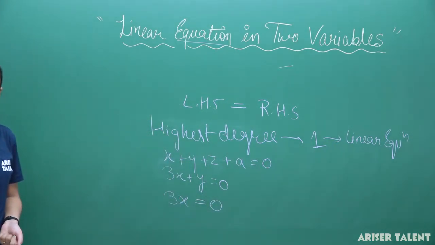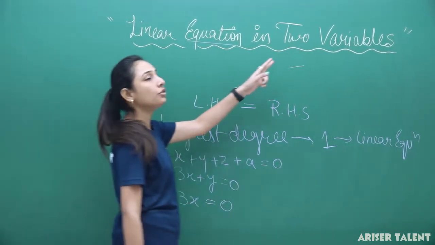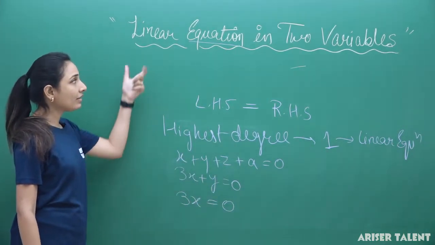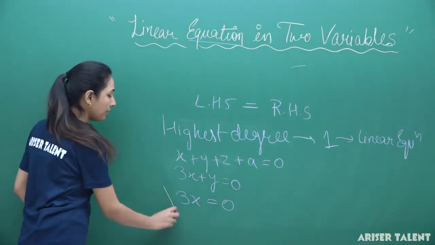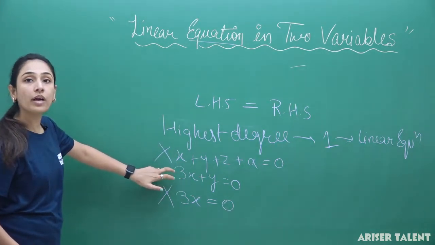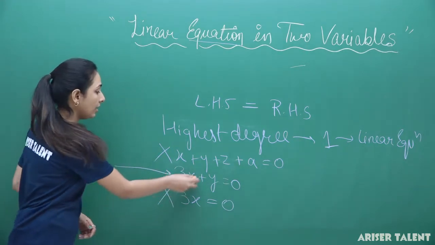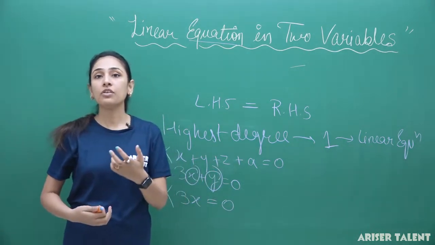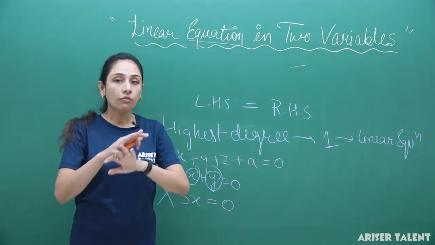But it's saying linear equation in two variables. That means I have a linear equation not in one variable, not in more than two variables, but with exactly two variables, that is x and y, or let it be t and v, or u or s, whatever it can be.